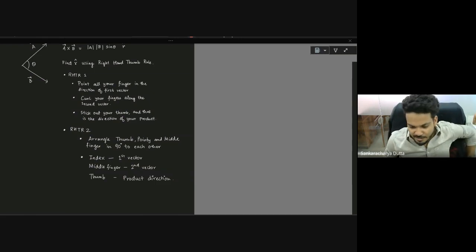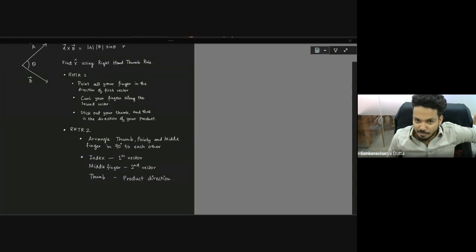Travel to your nearest center, find a physics teacher and ask him to explain the cross product. I'm available both in HSR centers and the Whitefield center. So if you live nearby any of these centers, you can come meet me and we can discuss if you didn't understand the 3D orientation of things happening here. Okay, so this is the right hand thumb rule.